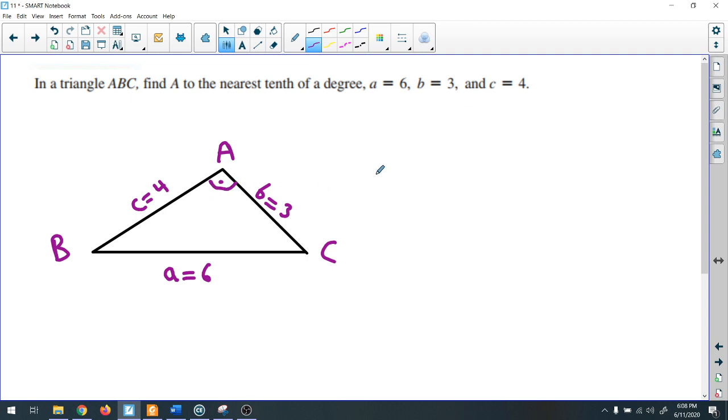That's my target. So right away, we're going to write down the formula for the law of cosine, and we could use the regular formula or the angles formula, which is cosine A equals B square plus C square minus A square, divided by 2BC.